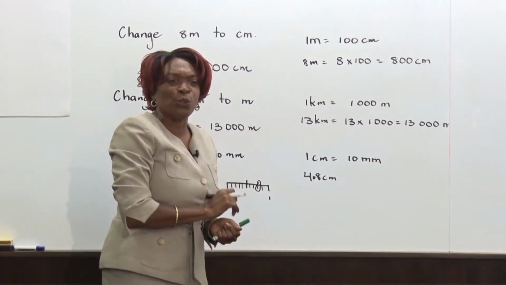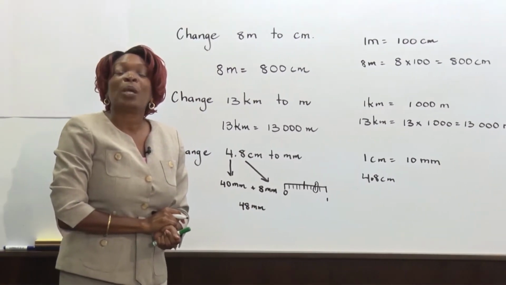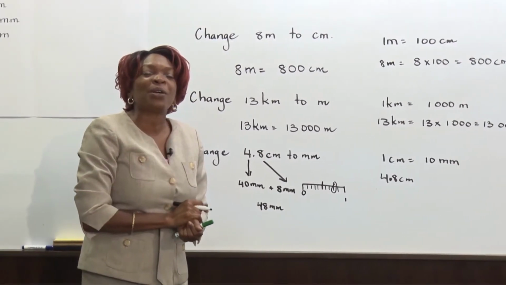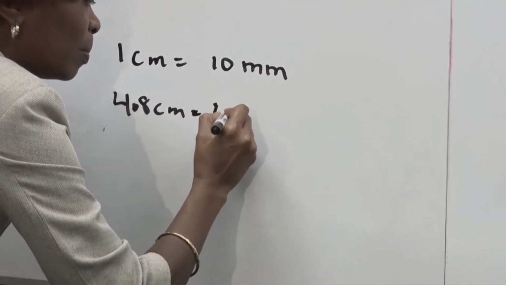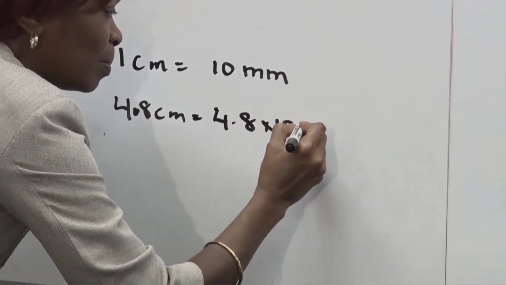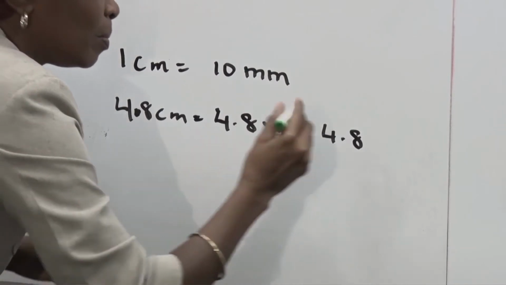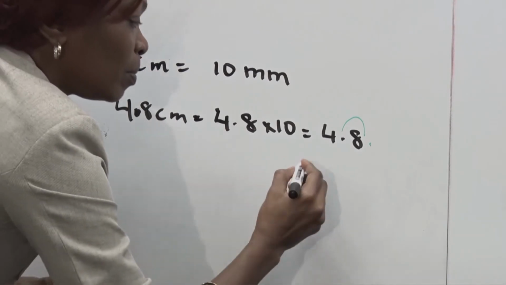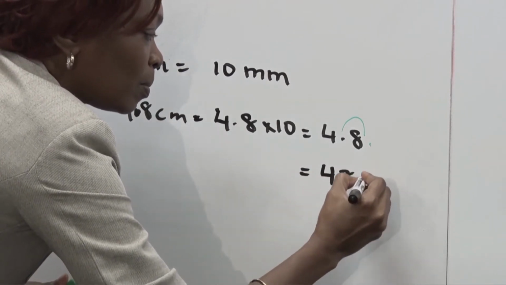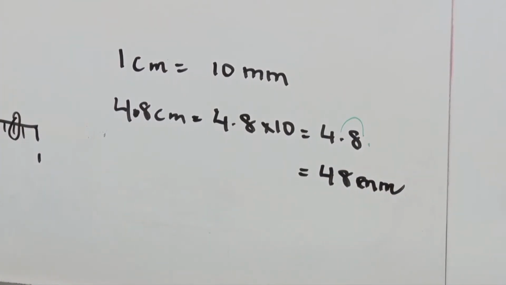I'm certain you do. When we multiply a decimal by 10, we shift the point 1 place to the right. There we have it, 48 millimeters.